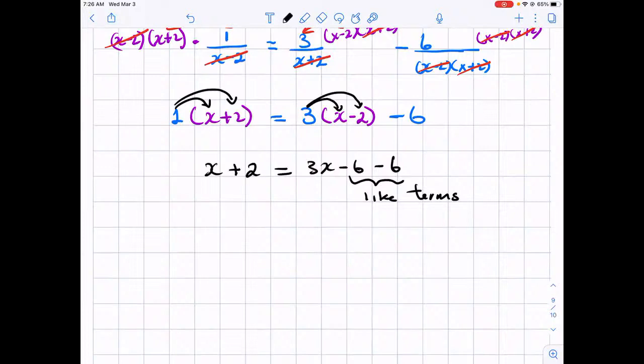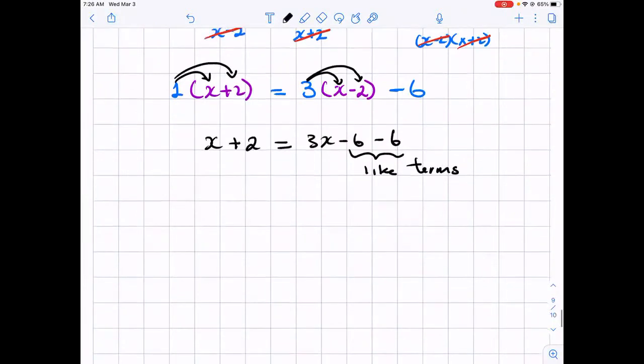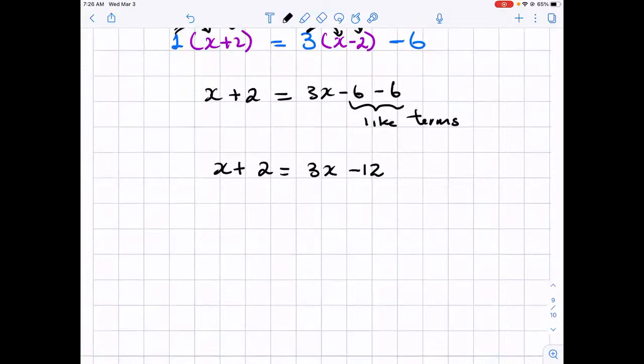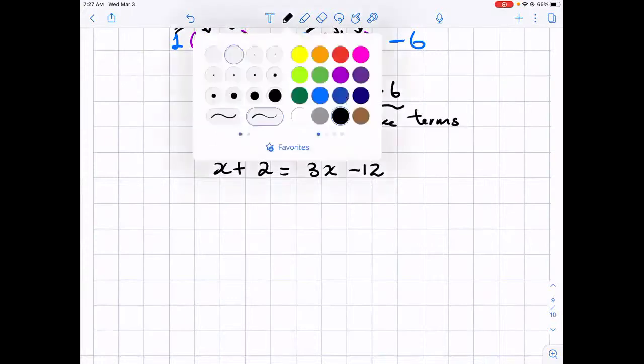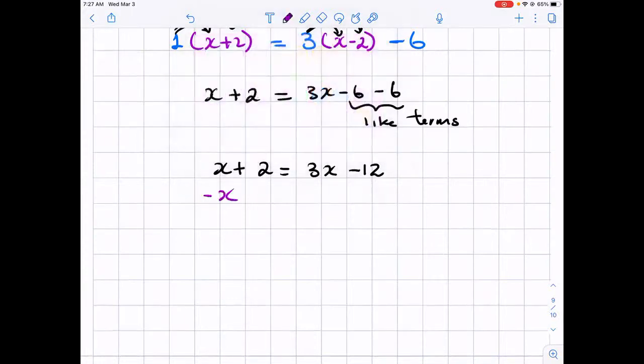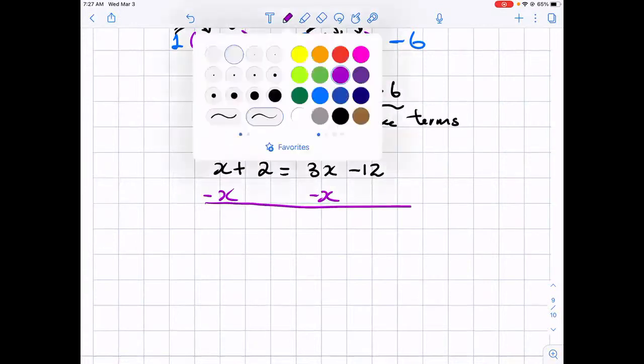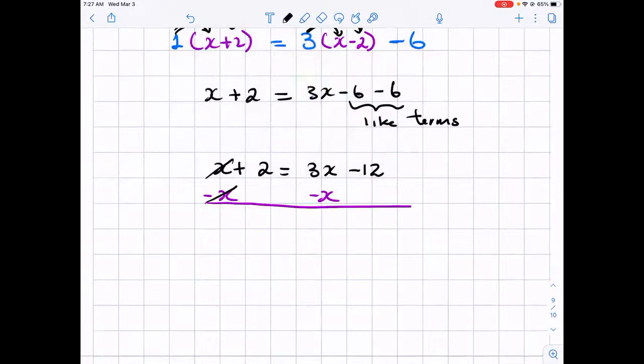So if we combine them, we have x plus 2 is equal to 3x minus 12. And now we start moving things around. Okay. I always like to move the smaller x, so I'm going to subtract x on both sides. And if I do this, the plus x and the minus x cancel, so I have 2 is equal to 2x minus 12.